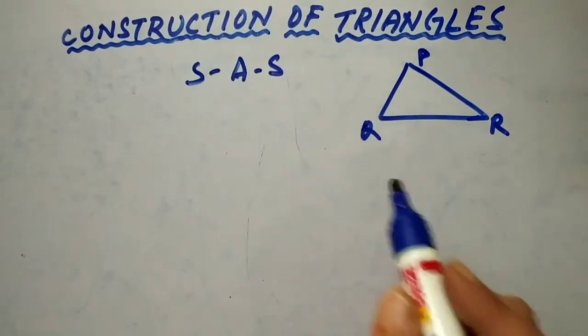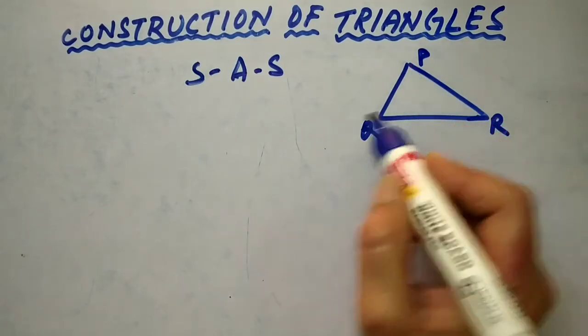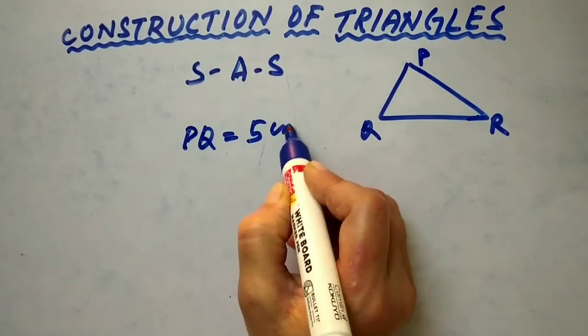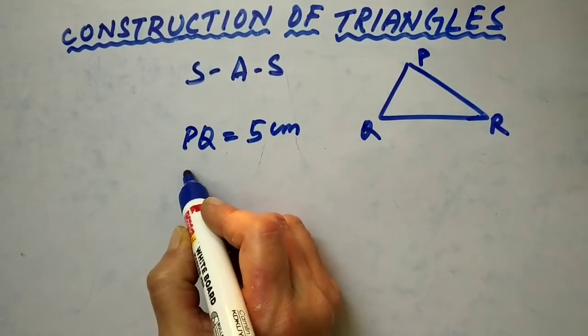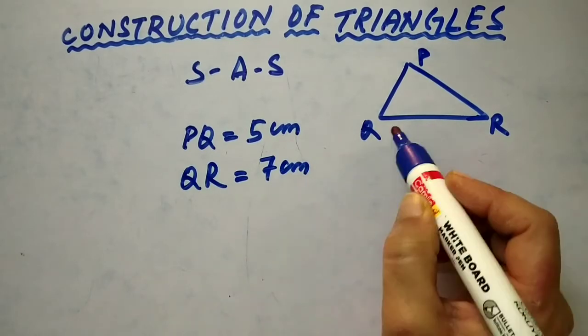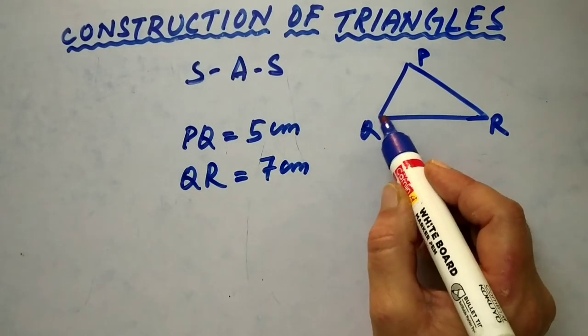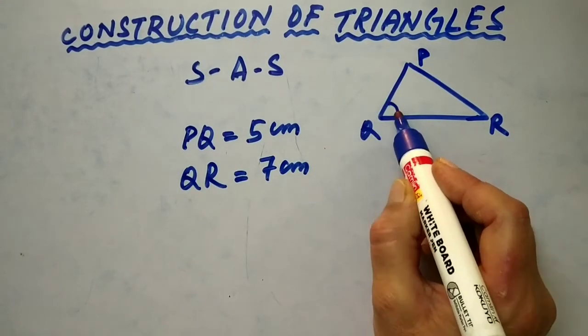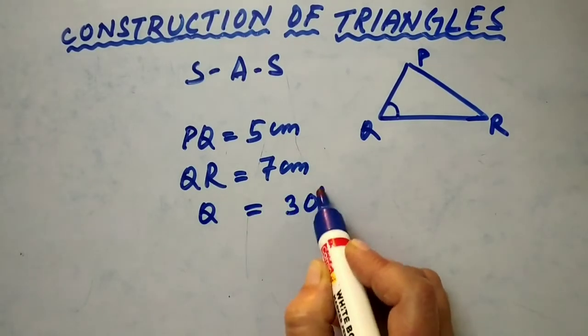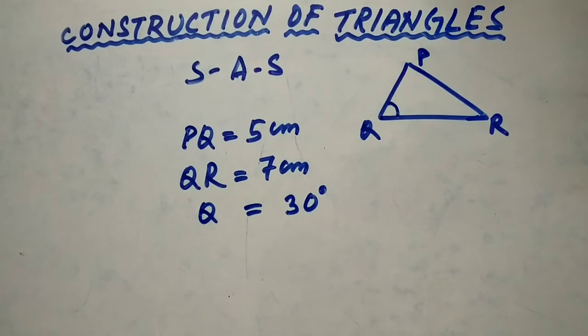That means if two sides are given, suppose PQ is given, PQ equal to 5 centimeter, QR equal to 7 centimeter, and the included angle Q is given 30 degree. Then how to construct this triangle?